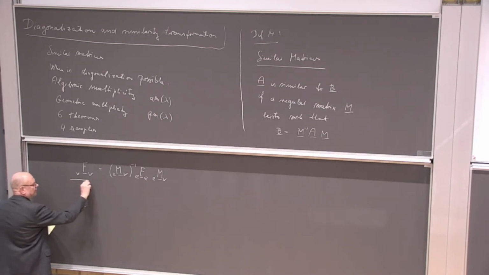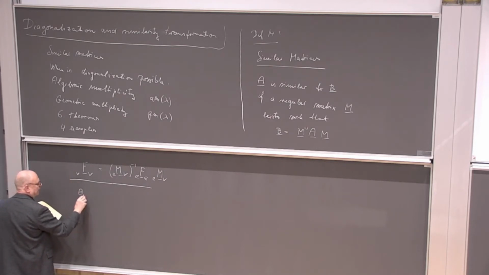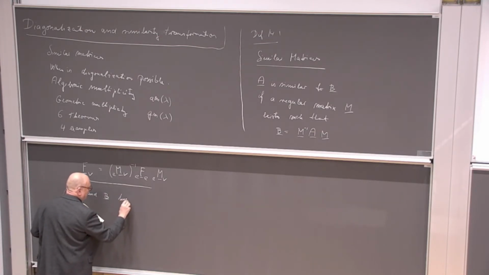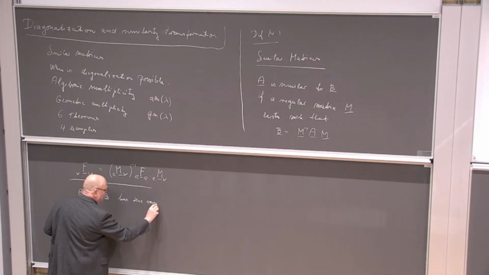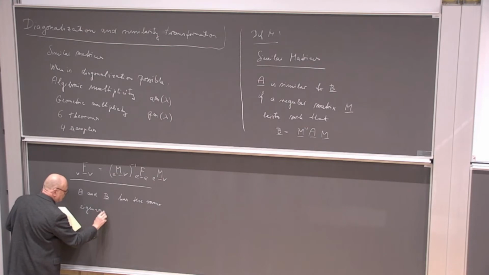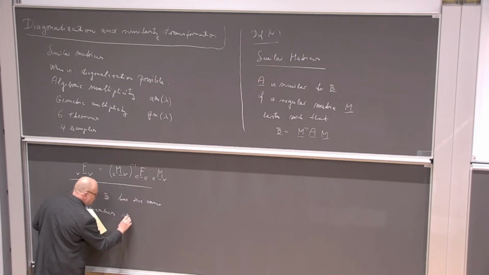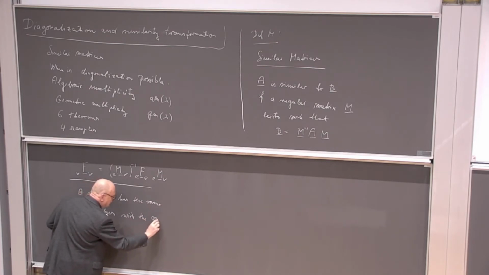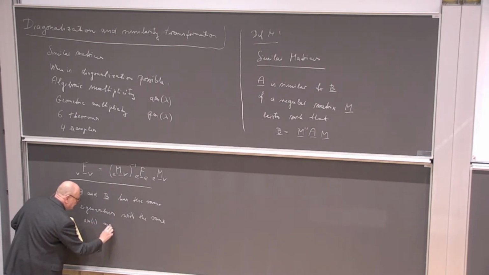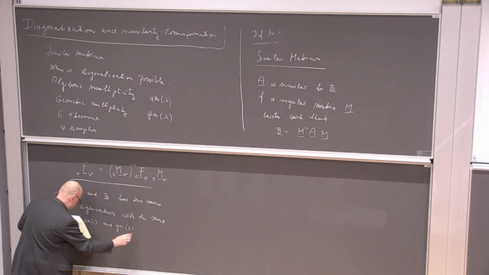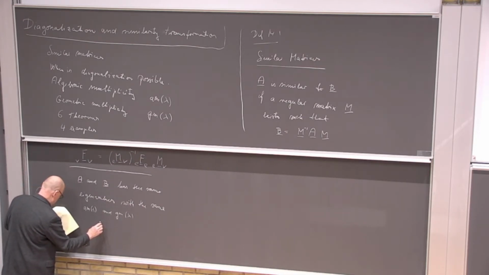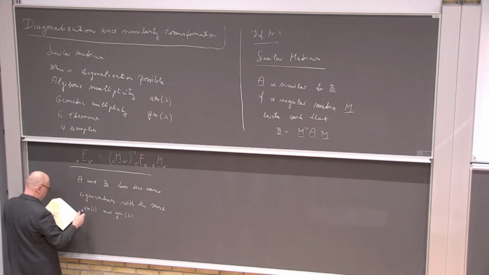What we can say now is that if A and B have the same eigenvalues, with the same algebraic multiplicity and geometric multiplicity, then they can be similar.